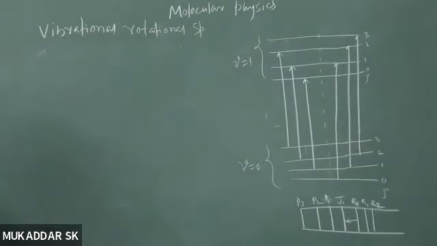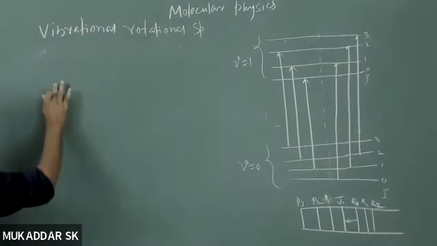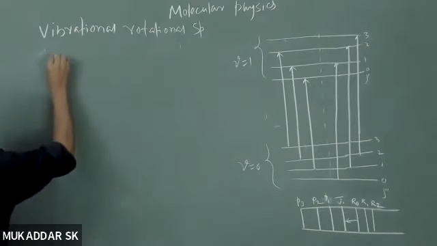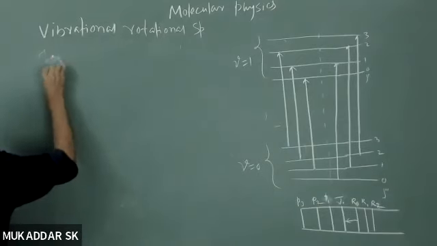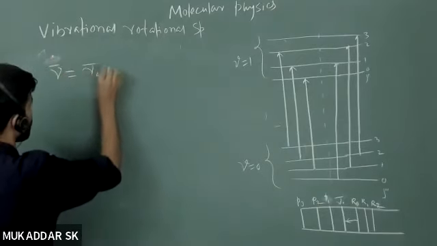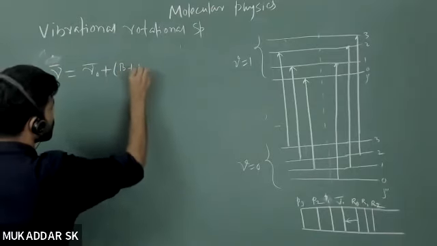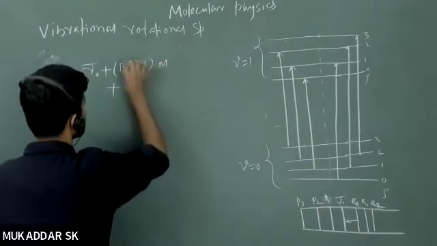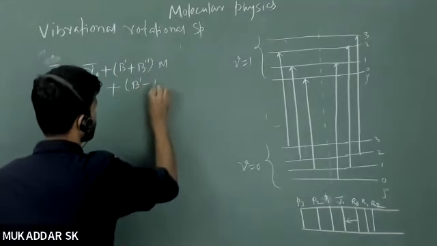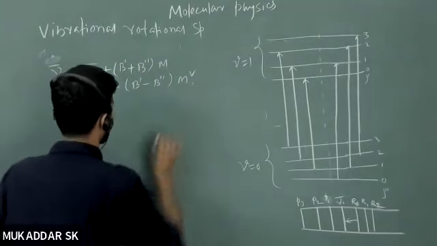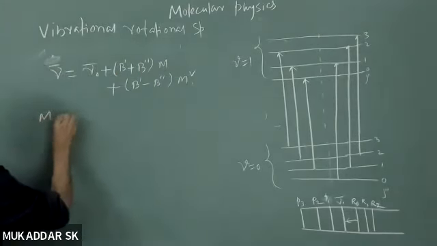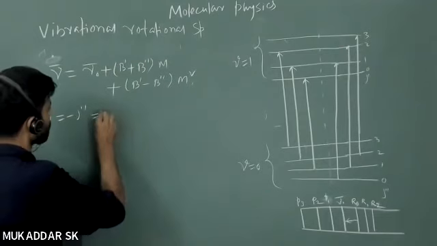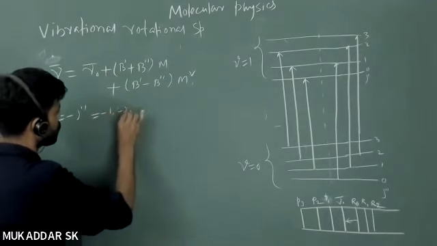But if you write that rotational, P branch and R branch in combined way, so there will be one complete formula that will be nu bar equals to nu 0 bar plus (b dash plus b double dash) m plus (b dash minus b double dash) m square. ठीक है, जब आपका m इक्वल्स टू माइनस J dash है ना, और J dash का वैल्यू क्या क्या हो सकता है, ऑन, माइनस 2, माइनस 3.